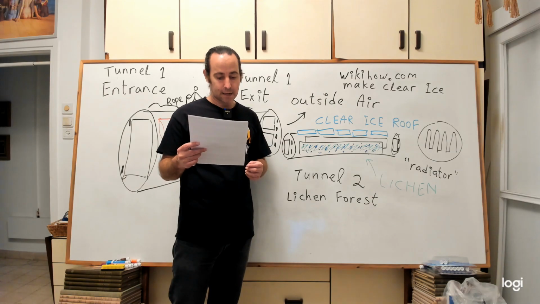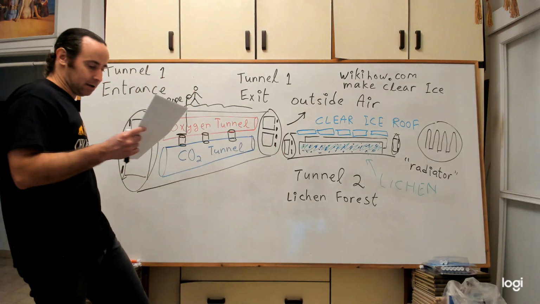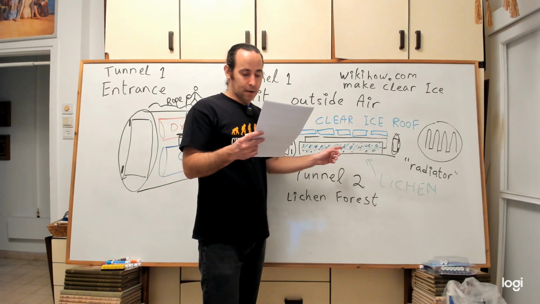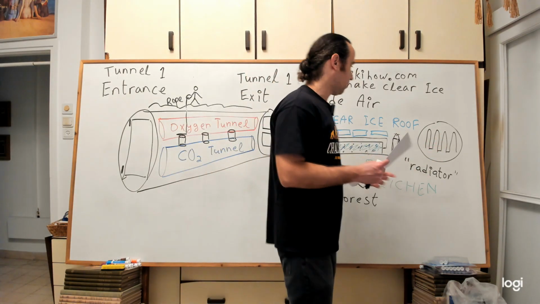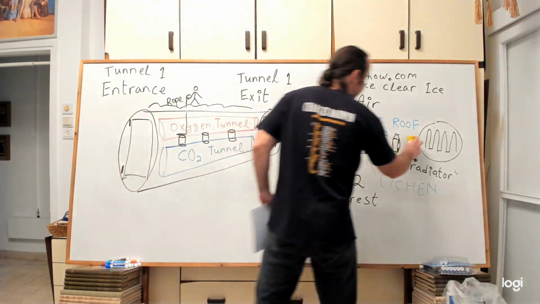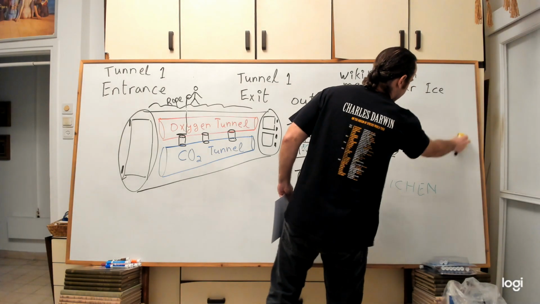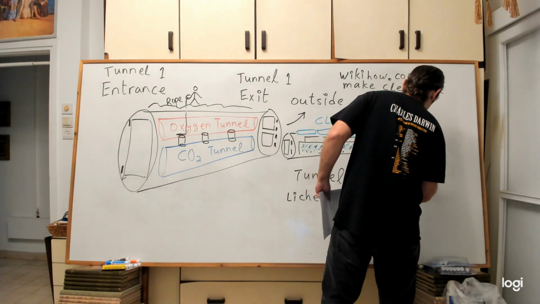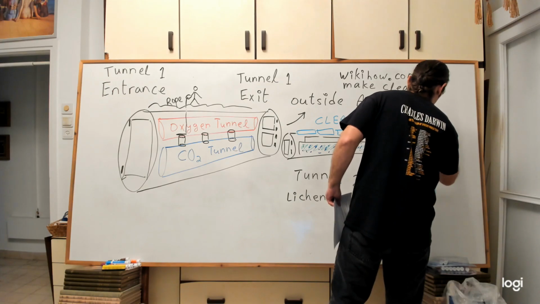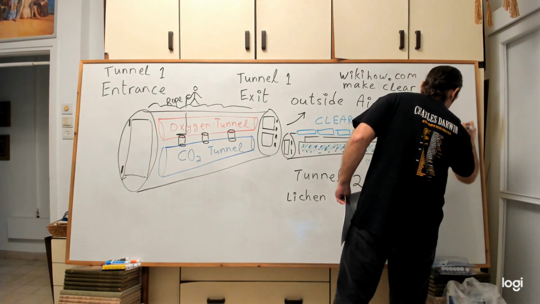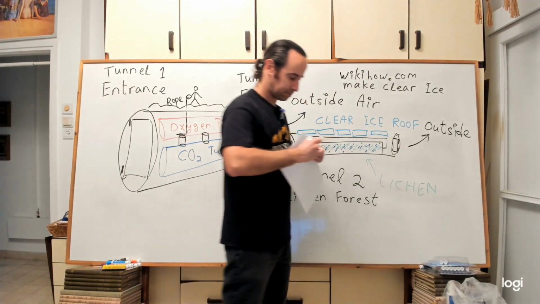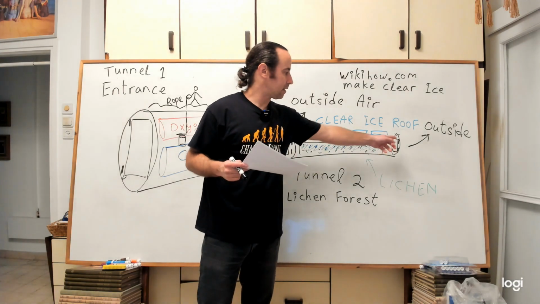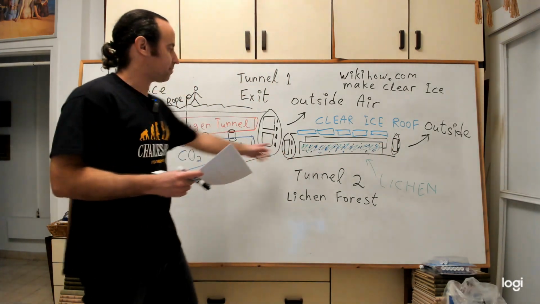Then when the next batch of CO2 arrives, it pushes the already made O2, the oxygen, outside to the atmosphere. Okay, so here we have the outside. We only let it go out after it becomes O2.